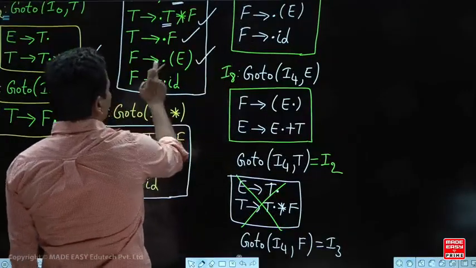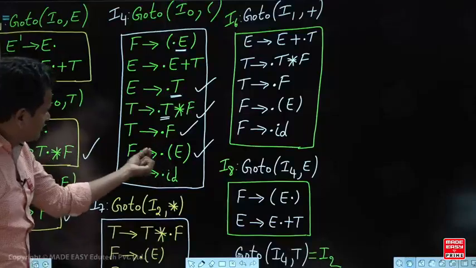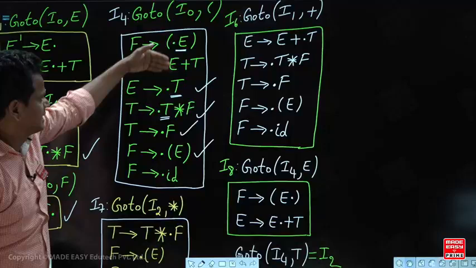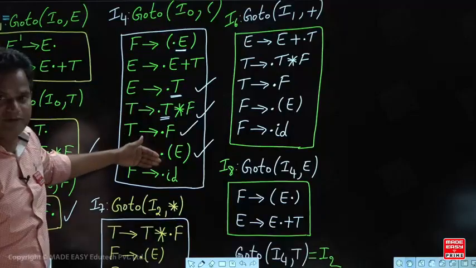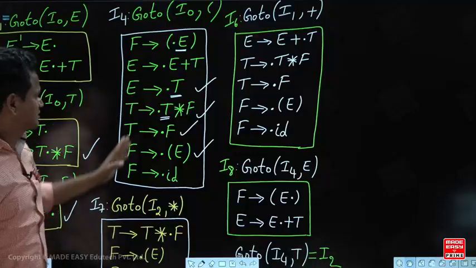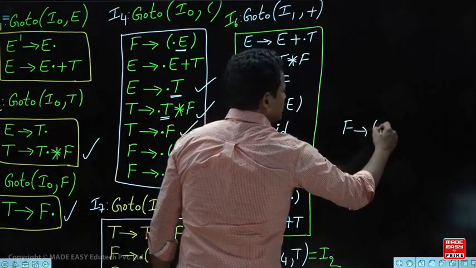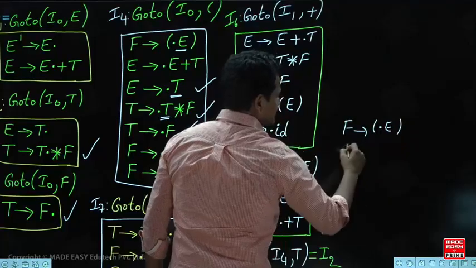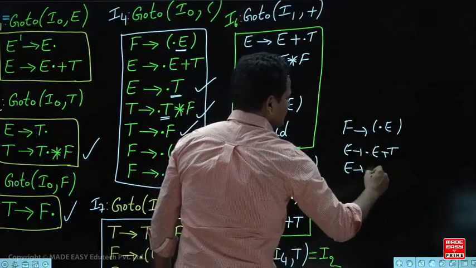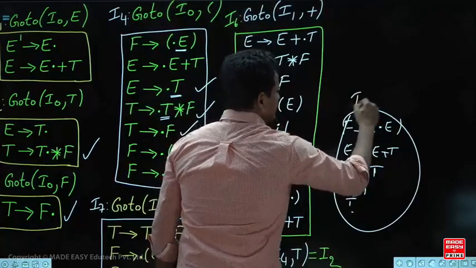Next come to open: I4 comma open. What will you get? Open dot, this dot will be moved here. Again E, again T, again F. Just move the dot: F dash open dot E close. Again dot of T, E dash E dot plus T and E dash dot T. Again T productions, again F productions, everything which is I4.